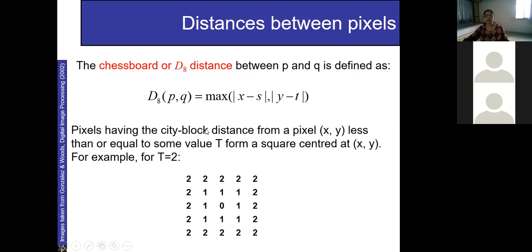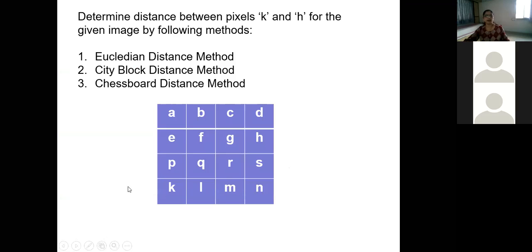Let us understand it further by using one particular example. So this is the given example. Here you have an image of size 4 by 4. The pixels are named A, B, C, D, and so on, as shown here: P, Q, R, S, K, L, M, N. Now the task is to determine the distance between pixel K and pixel H by using these 3 methods.